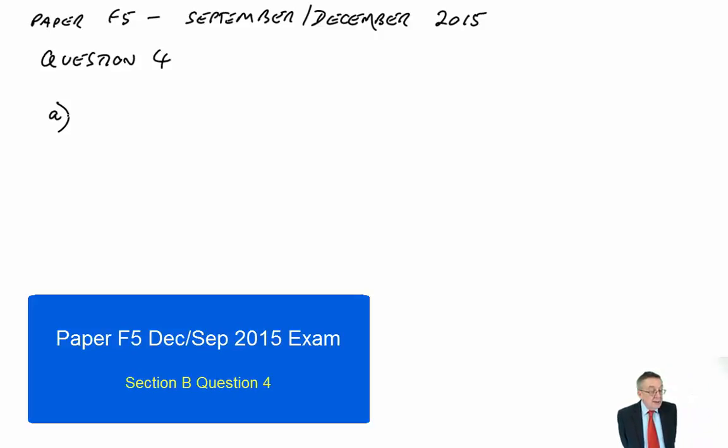Cardio manufactures 3 types of fitness equipment: treadmills, cross trainers and rowing machines. The budgeted sales prices and volumes for the next year are as follows. So you've got there the selling price per unit, presumably, and the number of units. We're also given a standard cost card for each product: material, labour, variable overheads.